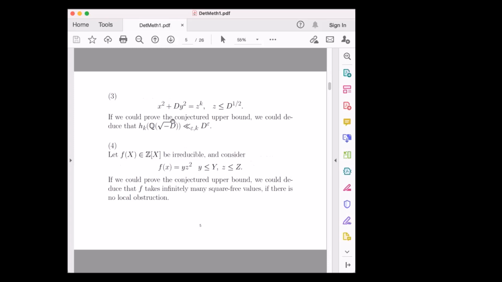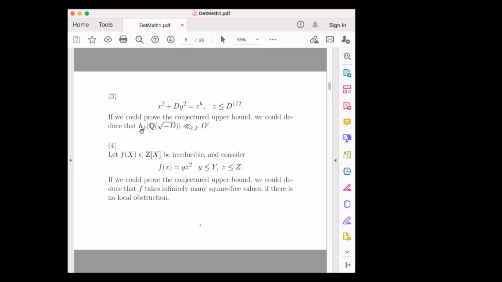Here's another rather different example. If you took the equation x squared plus d y squared equals z to the k and counted solutions in which z is at most d to the 1/2, well, again, there's a conjecture as to how many solutions you might have. And if you could prove the conjectured upper bound, we could deduce something about the class group for the number field Q adjoined square root of minus d.